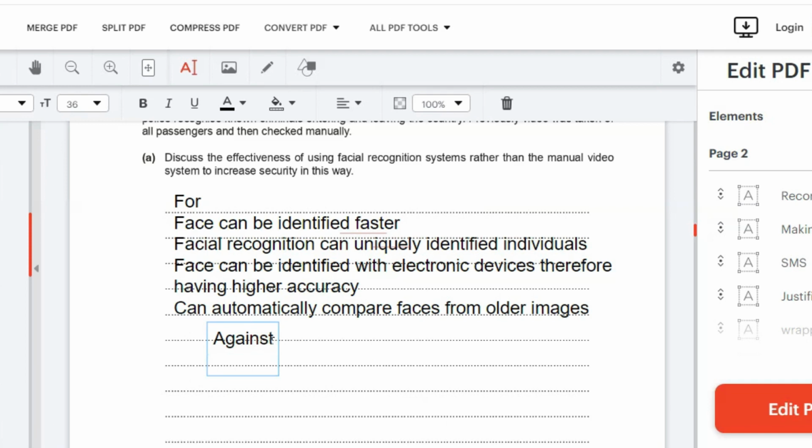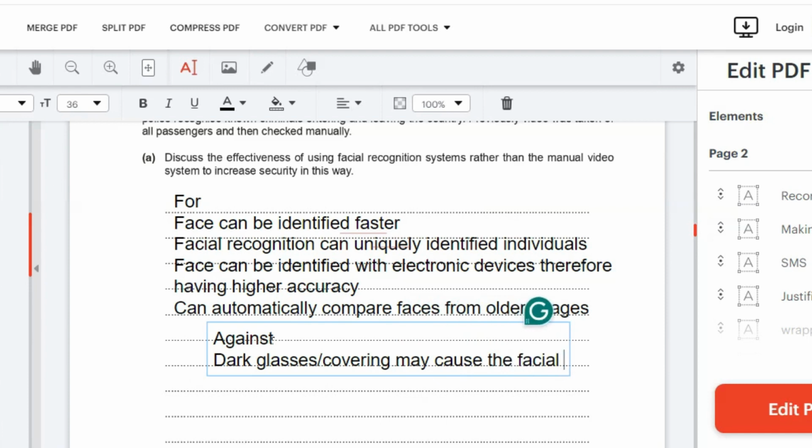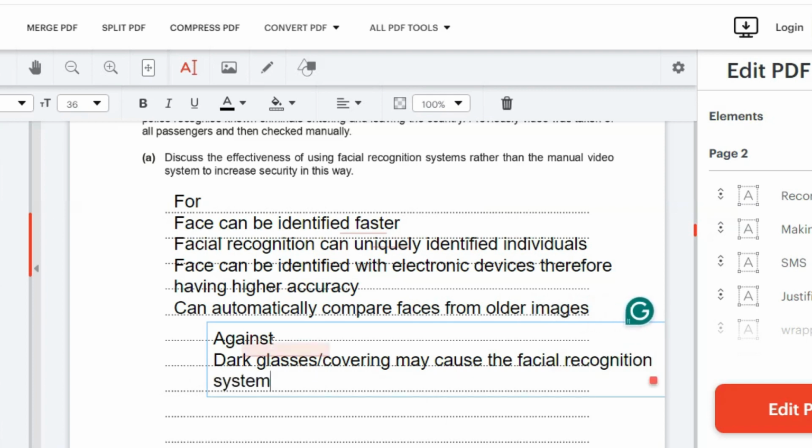Dark glasses or covering may cause the facial recognition system not to work.